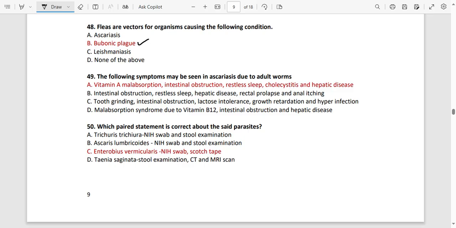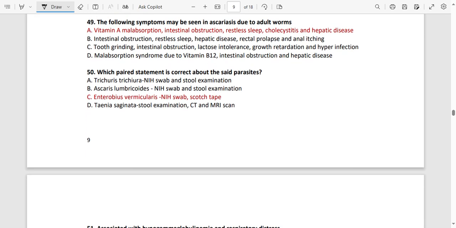It's caused by Yersinia pestis. It's believed to be carried by rodents, and then we have these fleas that can come from those same rats. They are specifically rat fleas, which are able to pick up Yersinia and then spread it.